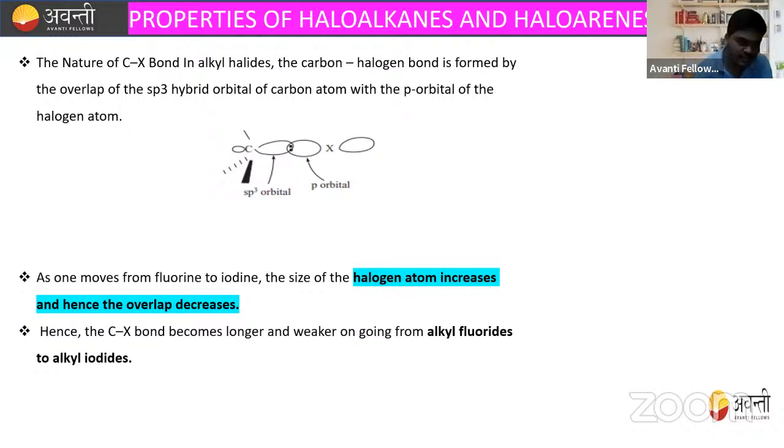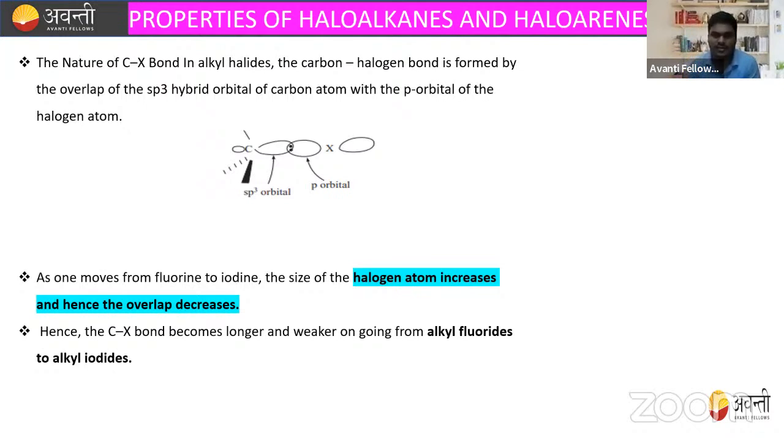So basically the nature of the C-X bond in an alkyl halide, that is the carbon-halogen bond, is formed by the overlap of the sp3 hybrid orbital of the carbon atom with the p orbital of the halogen atom.